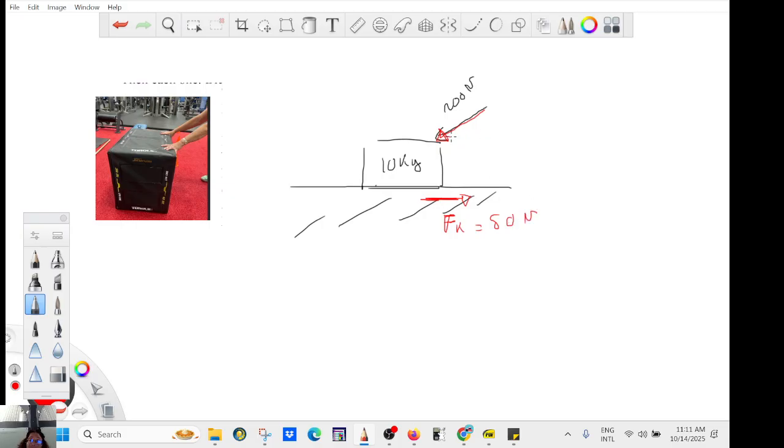This angle here will be the same angle there. You see it's in the third quadrant, so that angle here is 40 degrees. Okay, find the acceleration. So it's a 40 pound, right? 20 Newton is 20 kilo, 20 kilo is 40 pounds. So this is about 40 pounds.